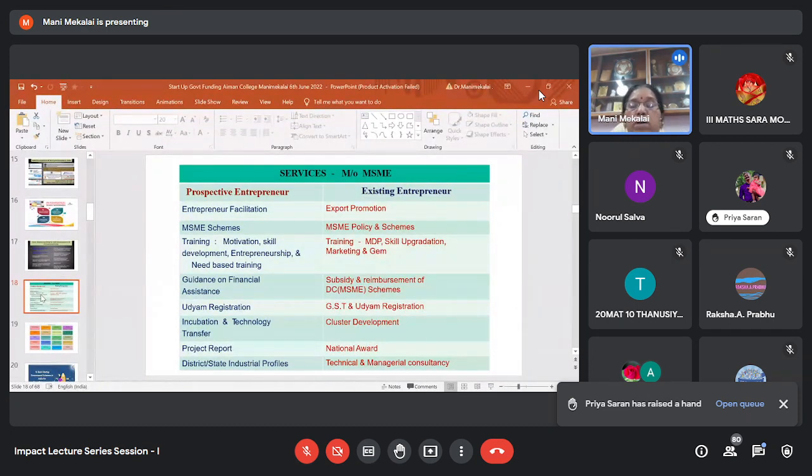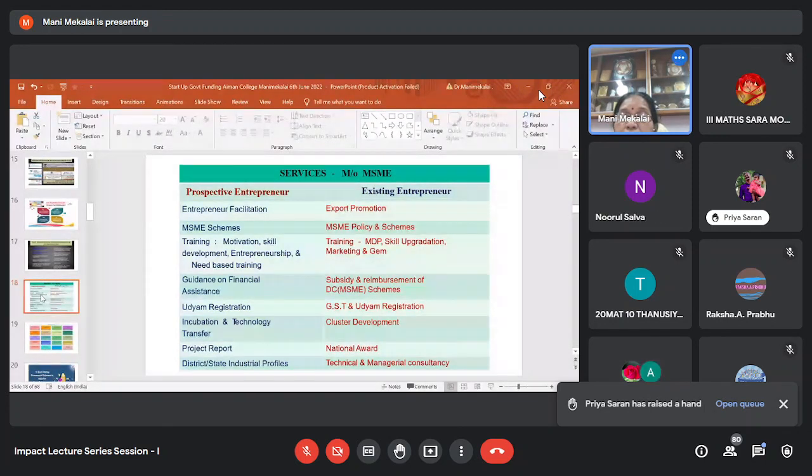Of course, this is not your cup of tea, since you only wish to become a prospective, first generation entrepreneur. But you can share this information, as existing entrepreneurs also have some facilities: export promotion, MSME policy schemes, training. Training is given by MSME on management development programs, skill upgradation, marketing, and GeM. GeM is nothing but Government e-Marketplace.